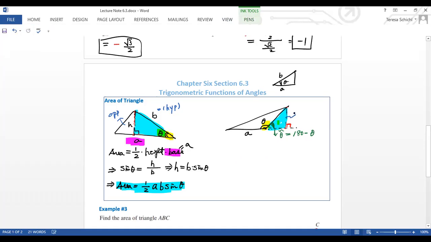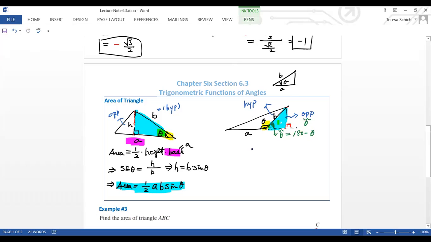This one is the height, right? So this is the opposite side of this angle, and then the B, this one here, is the hypotenuse, right?